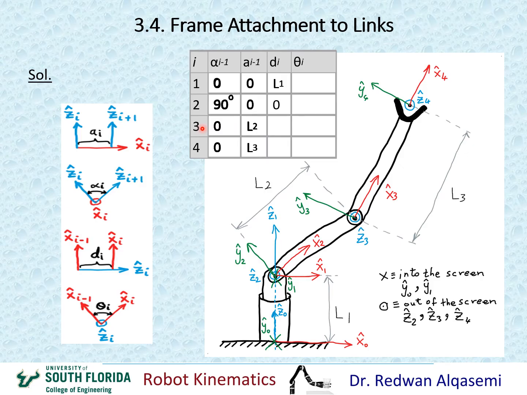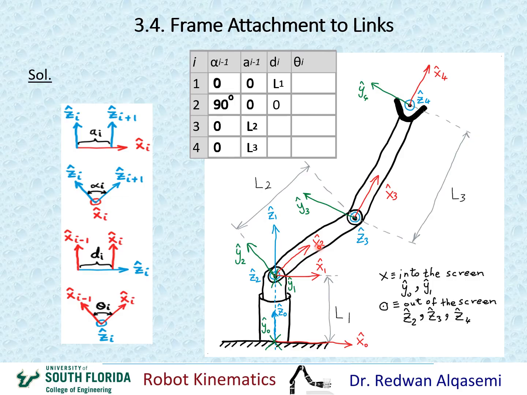All right, now when i equals 3, I'm going to be looking at D3. So for D3, I'll be looking at X2 and X3 along Z3. This is X2 right here, and this is X3 along Z3, which is coming out of the screen at this point.